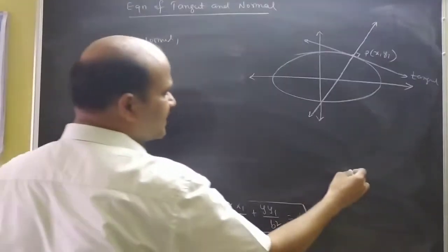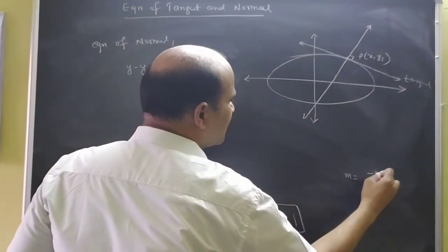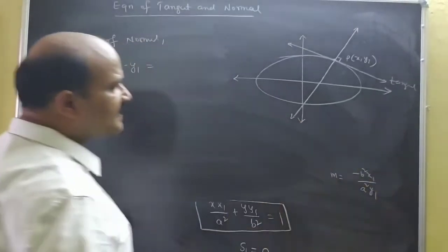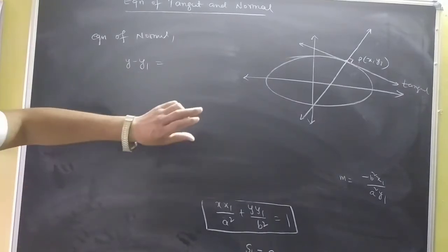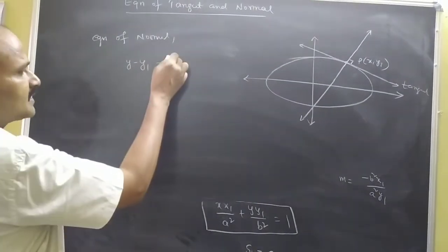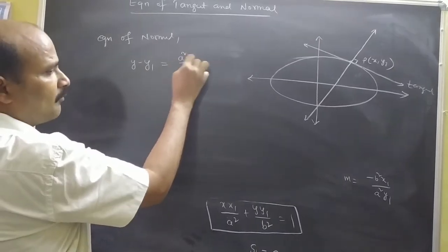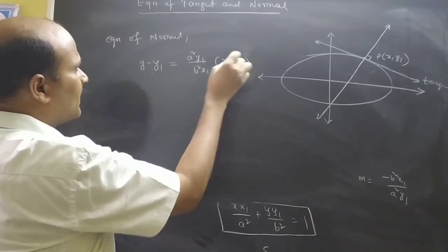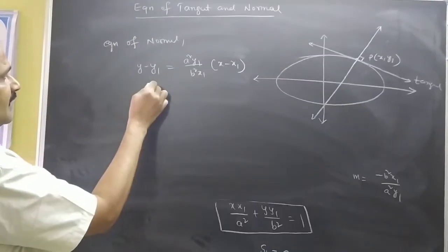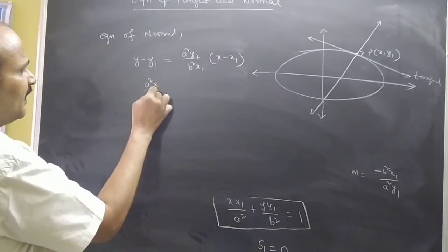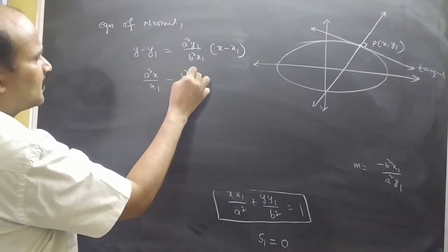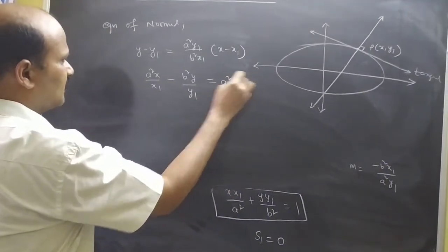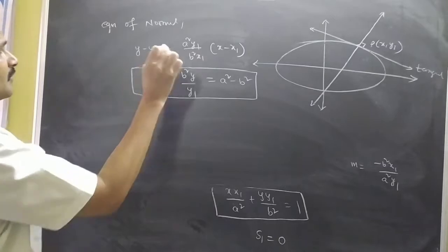The slope of the tangent is m = −b²x1/(a²y1), so the slope of the normal is a²y1/(b²x1). If you simplify this, you will get a²x/x1 − b²y/y1 = a² − b². This is the equation of the normal.